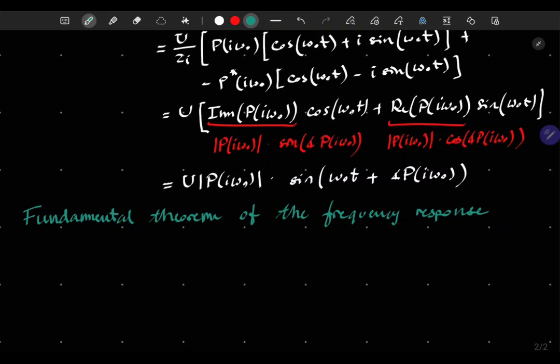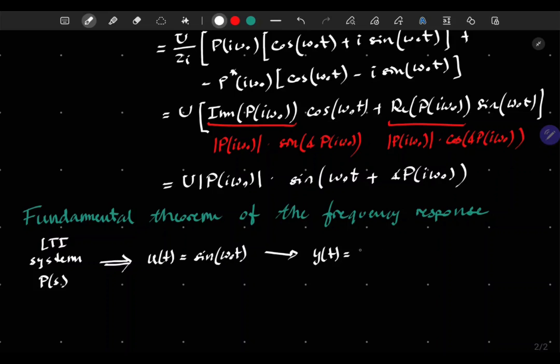This holds for stable LTI systems and states that if we feed a sinusoidal input to the system, after any transient, the output will be a sinusoid itself, and we call it sinusoidal regime, with the same frequency omega naught, but a phase shifted by the phase of the frequency response of the system, and a magnitude which is amplified by the amplitude of the frequency response of the system.